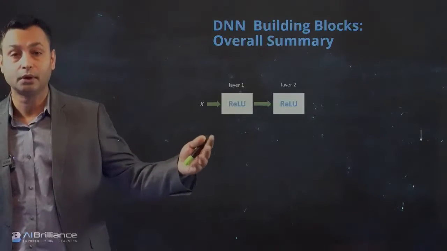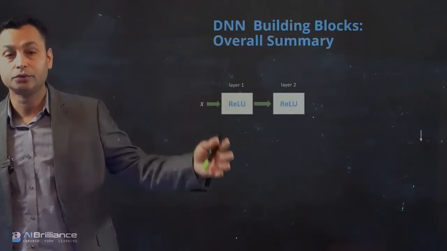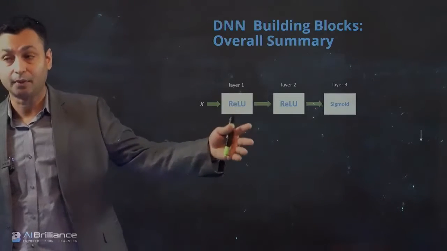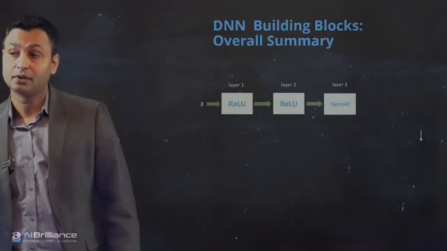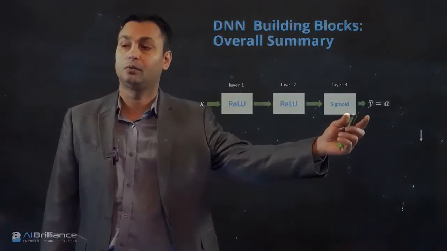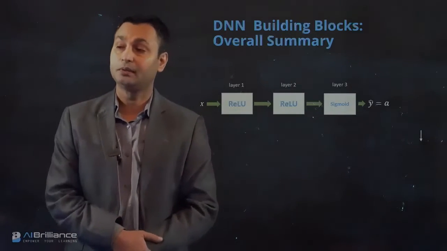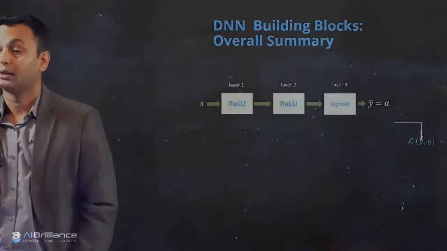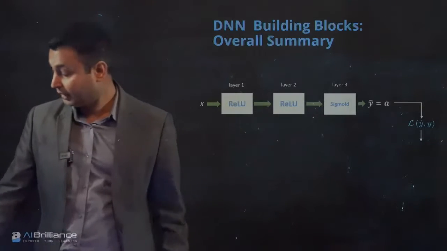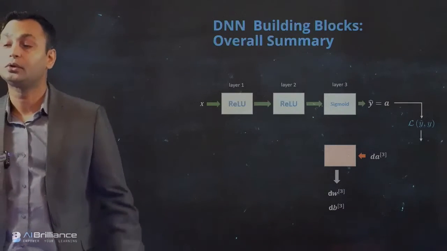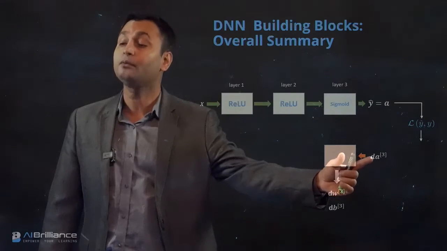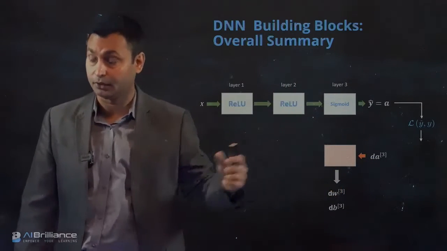Then you go on to layer 2, do the Z computation, and pass the activation to layer 3. If the problem is binary classification, in the last layer you might have sigmoid, which helps you predict the activation or label for a training example. Then from there you compute the overall loss, and that loss allows you to start computing the derivatives of the various parameters associated with the neural network.